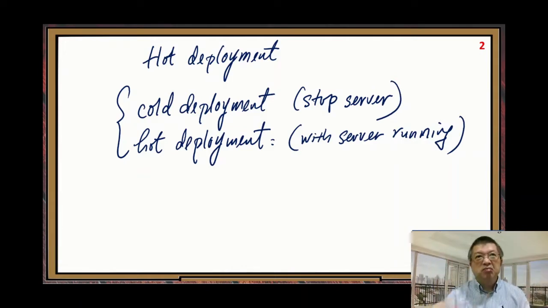You may have some problems. If some users still use the older version, then when you switch to the newer version, those users may get data loss or interruption. Some problems may occur with hot deployment.